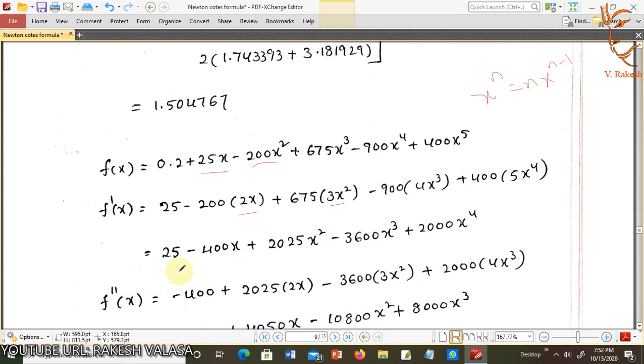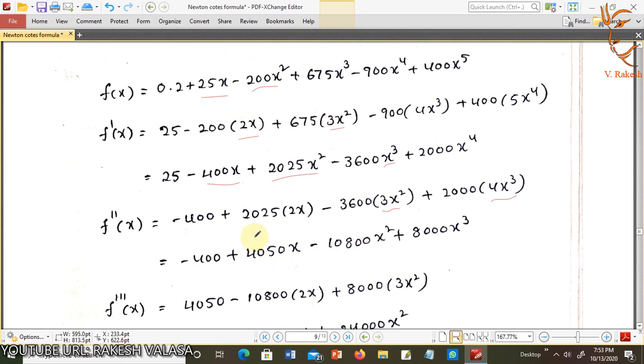Now again differentiate this function with respect to x, 25 derivative 0, minus 400x derivative minus 400, 2025 into x square derivative 2x, minus 3600 into x cube derivative 3x square plus 2000 into x power 4 derivative 4x cube. Now simplify this term, we get minus 400 plus 4050x minus 10800 x square plus 8000 x cube.